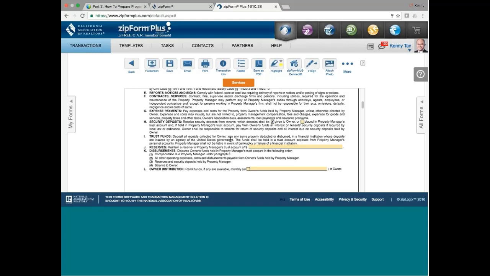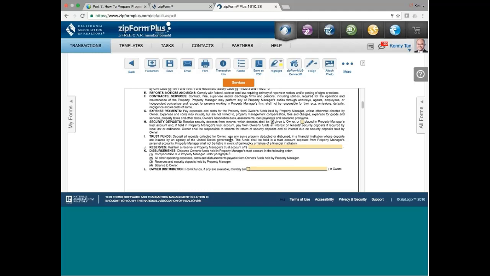Now, even though technically security deposit could be trust funds, because security deposit belongs to who? The tenant. It doesn't belong to the landlord until there is a breach by the tenant. So at all times, security deposit is a third party's fund. You learn from salesperson class that third party's funds are trust funds.